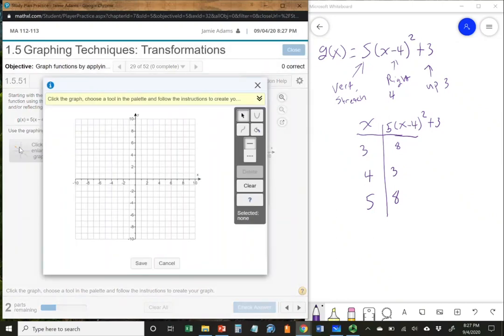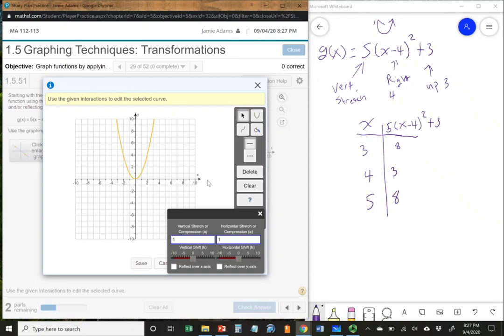Remember that from the library of functions, this being squared means that we do have a parabola. So I need to select the parabola, the U shape. Then when I click something on the graph, it allows me to enter all of the translations that we've already done. Specifically, we know that we have a vertical stretch of 5. So I do a vertical stretch of 5.